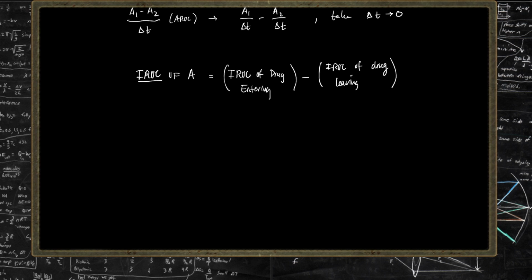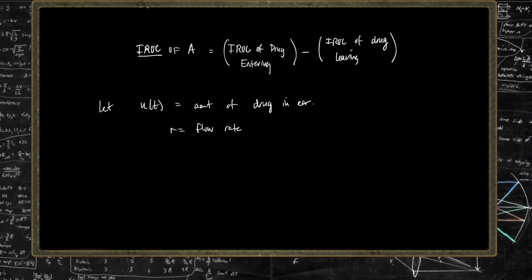So if we let U of t be the unknown amount in the ear that we care about, and we know that R is the flow rate, and that the fluid has a concentration which might be micrograms per milliliter of the fluid.